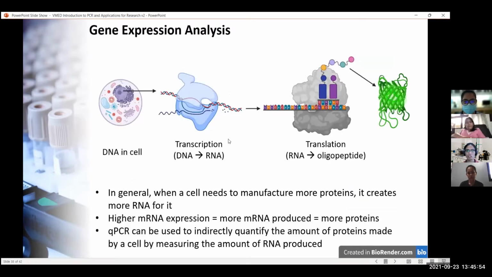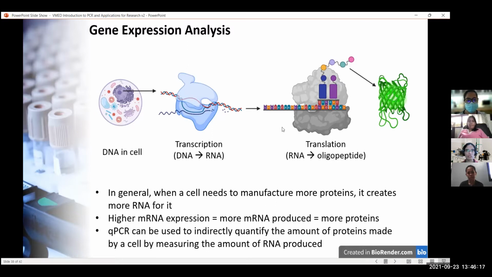Next would be gene expression. So if you're doing studies in physiology, for example, and you want to measure proteins, for example, cytokines, you can detect and measure the protein, that's possible, but it's usually very difficult and very expensive.